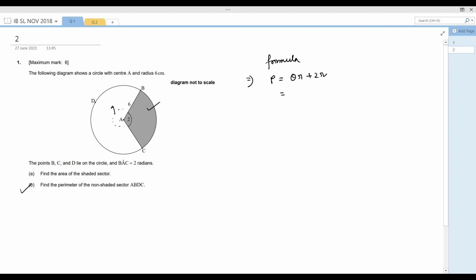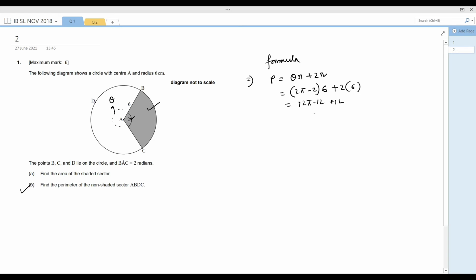If this is the theta, the complete angle is 2 pi, and we need to deduct 2 from here to find the theta of this non-shaded sector. So theta will be 2 pi, the complete angle of the circle, minus 2, because this is 2 radian, into r, the value of r is 6, plus 2 into 6. So we get 12 pi minus 12 plus 12.